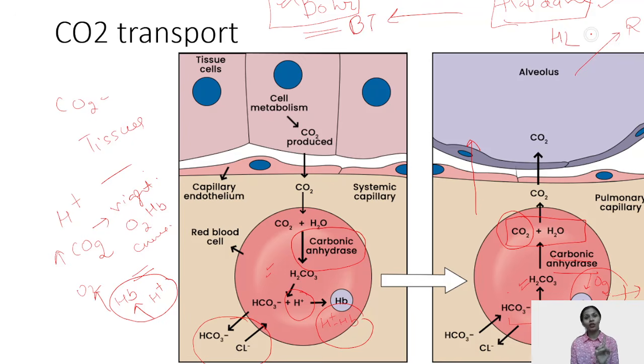This is something which is a must to know, that the movement of two ions takes place, bicarbs and chloride. Bohr effect at the level of the tissues, where oxyhemoglobin gets dissociated because of the rightward shift and it carries H positive with it, whereas at the level of the lungs it is just the opposite that is happening.